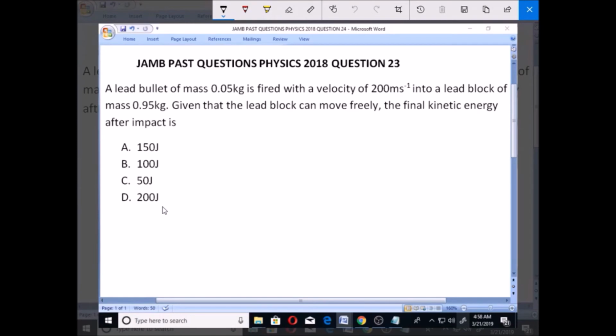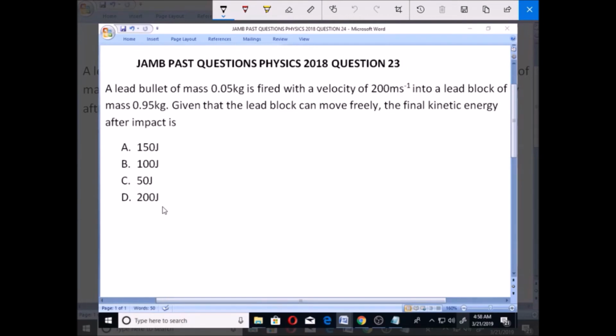Now, for us to be able to appreciate this question very well, we need to understand the formula for conservation of energy and momentum when there is an impact due to firing.